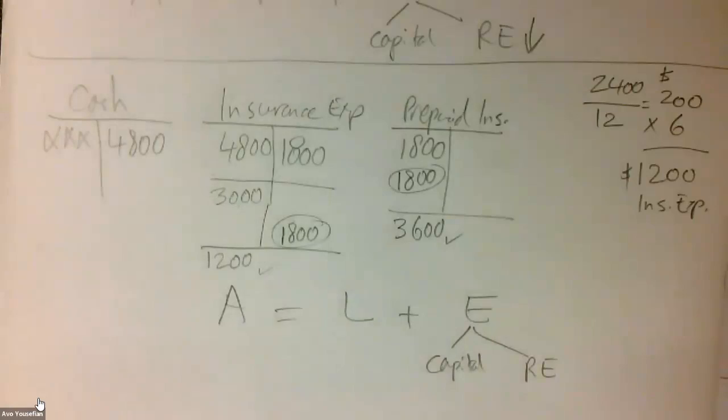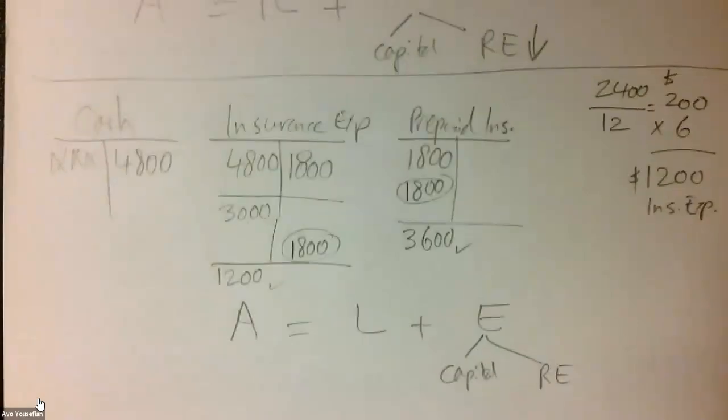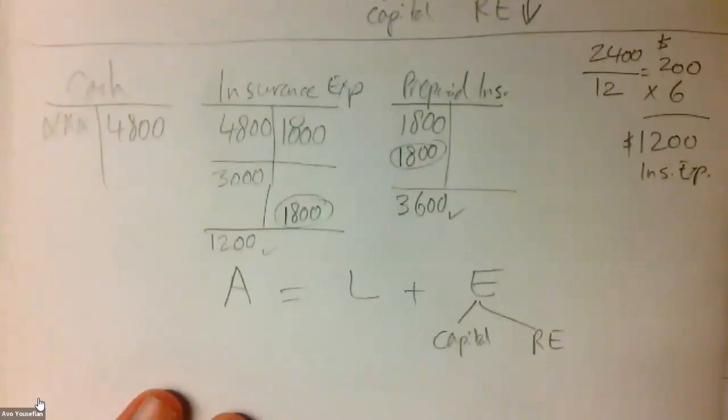Okay, if expense is overstated in the income statement, that means your net income will be understated in the income statement. If net income is understated, that means retained earning will be understated.